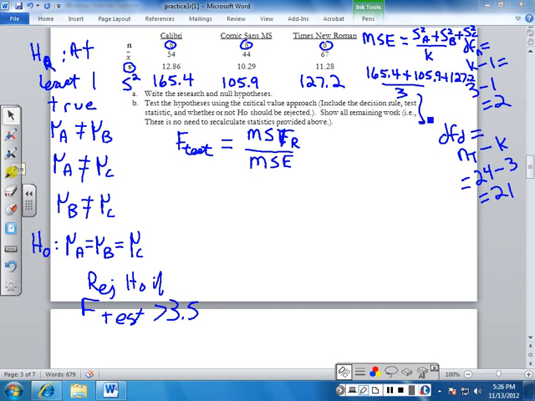That's 132.8. Other people are getting that too? So 132.8, and that'll be then my denominator.